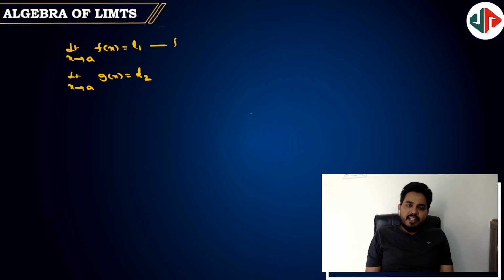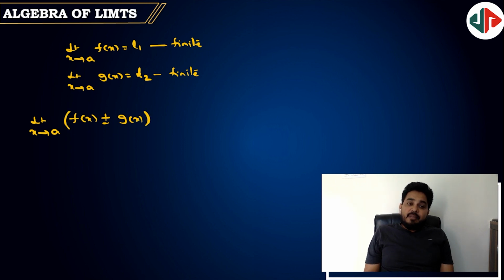Both are finite. Let us assume both are finite. So in that case, the limit as x tends to a of f of x plus or minus g of x, limit of sum is equal to sum of the limits, when they are finite only.